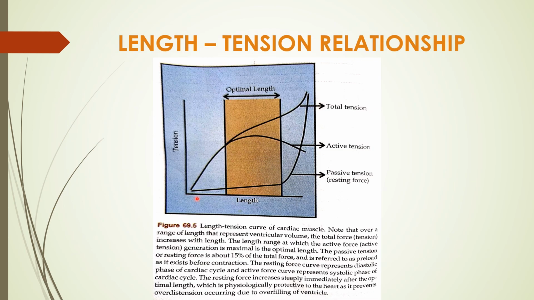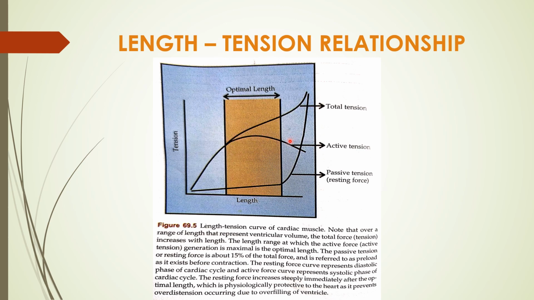It is understood by the length tension relationship of cardiac muscle, which is almost similar to that of skeletal muscle. The active force developed is maximum at the optimal length, because the interaction of thick and thin filaments is maximum there.